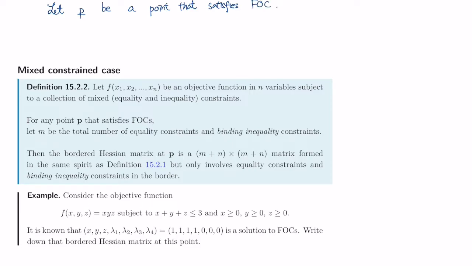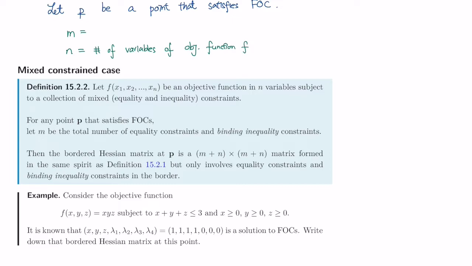And then, as before, we're going to write down two numbers here. So m and n. So n is identical as before. N is the number of variables of your objective function f. Okay?